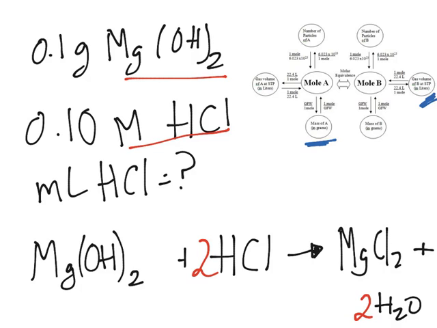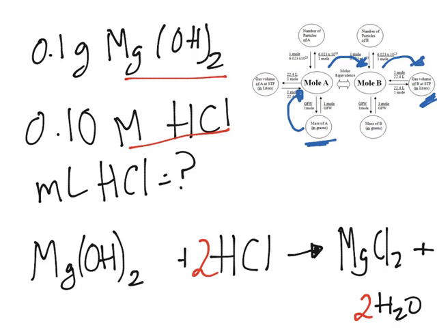We have to go from the mass of A to the moles of A, from moles of A to the moles of B using the mole ratio, and then from the moles of B to the volume of B. So let's use our unit conversion system. We want to start with the mass of A, as it shows here.